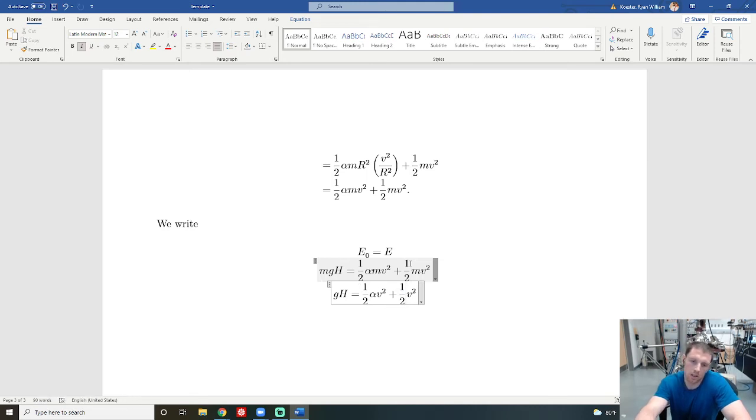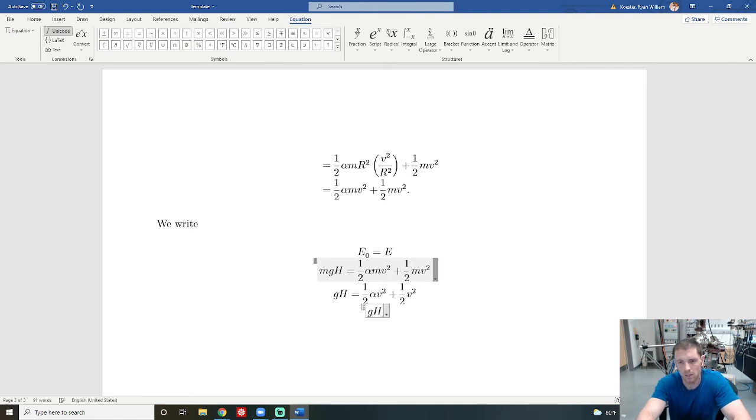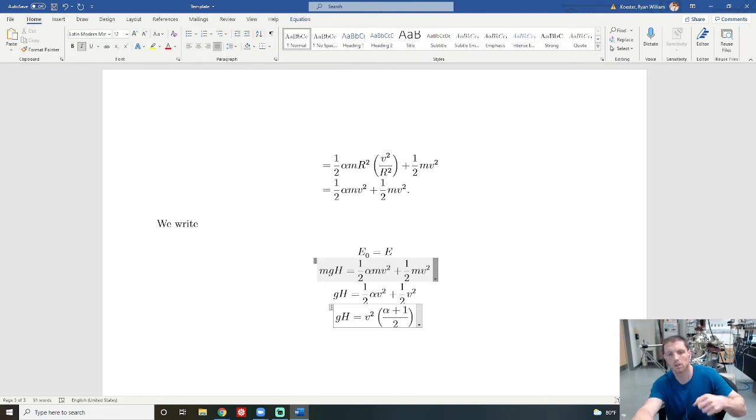And we can even factor out the v squared here. So gh equals v squared times alpha plus 1 over 2. Actually, I don't want to do that. What I think I want to do is just multiply both sides by 2 to get rid of the 1/2s.